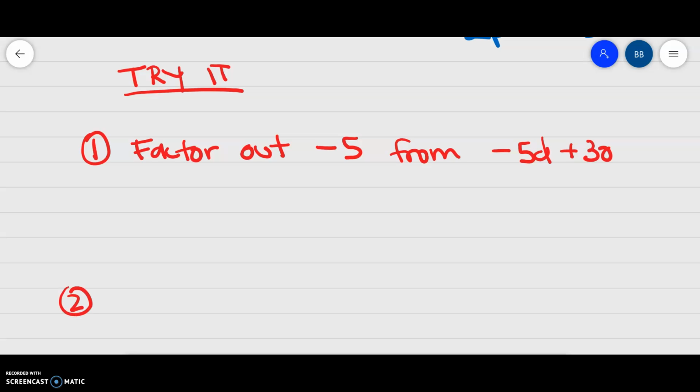Then our second one is factor out negative 4 from negative 8k minus 12. So get those copied down, pause the video, and then we'll go over it together.